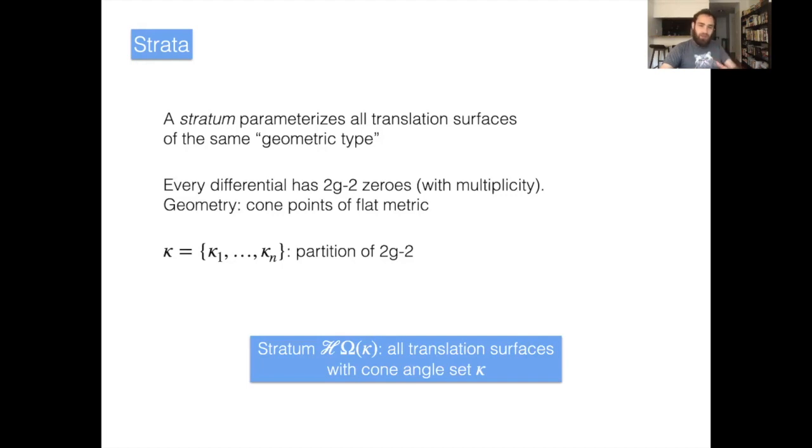And having specified this, you get a stratum, this space H omega kappa, and this is the set of all translation surfaces, either from the geometric point of view with the cone angle set given by kappa, or with the zeros of the differential being specified by the partition kappa of 2g minus 2.